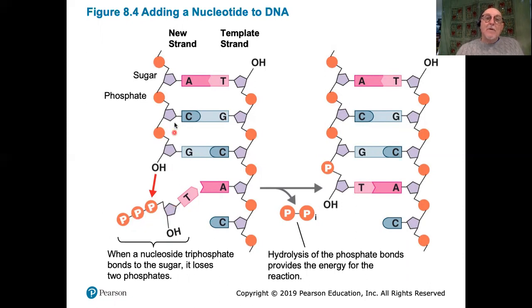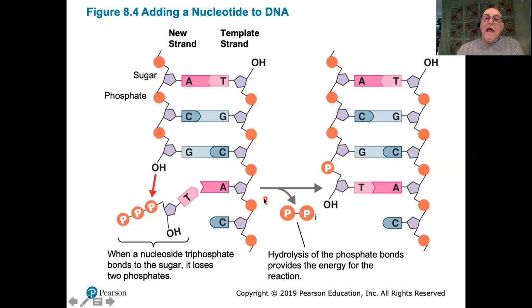So when I add to a new strand, here the parent strand has an adenine, and I'm trying to bring in, therefore, a thymine. I bring in a free thymine, and it has its 3 phosphate groups attached here. And in actual fact, what we're going to do is digest off 2 of these phosphates.